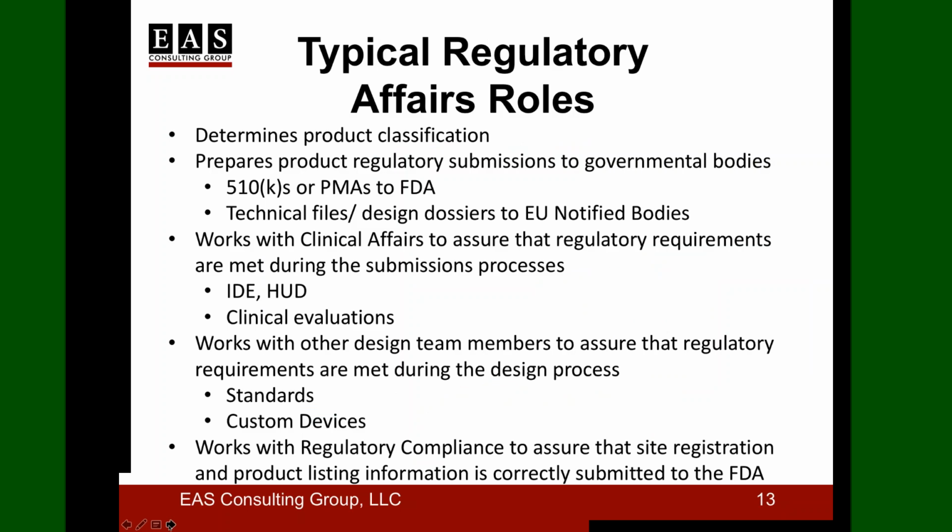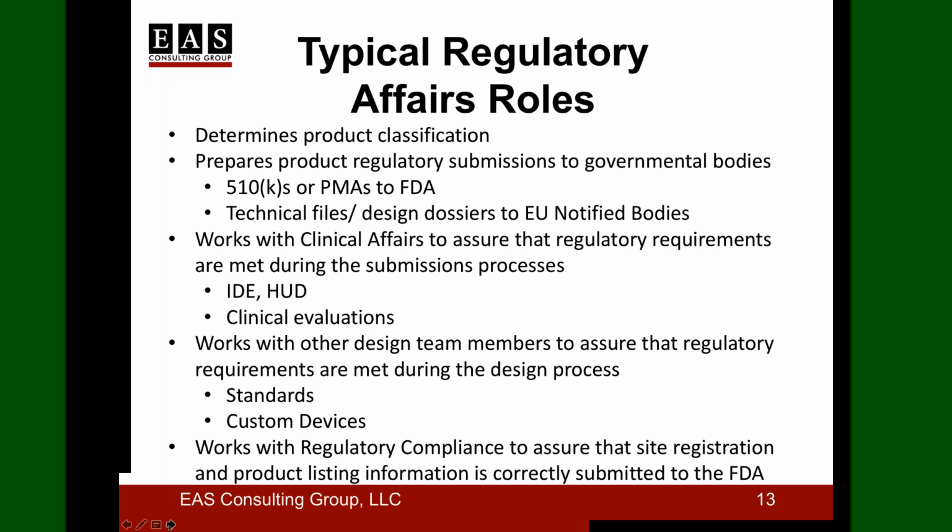Regulatory affairs are basically the folks that determine, well, is this a medical device, a biologic, a drug, etc.? Then if so, do you need to submit paperwork to the FDA to get that product approved or cleared? For medical devices, you have two pathways.